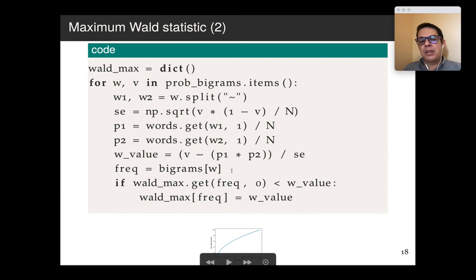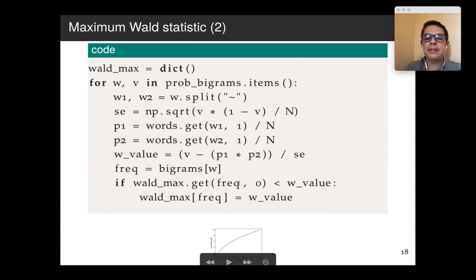Okay, this is just the code that explains how to do the plot. We are going to store the maximum value of Wald in a dictionary. We look at the frequency of the bigram and look at this dictionary, and if we have seen that frequency, then we are going to retrieve that value.